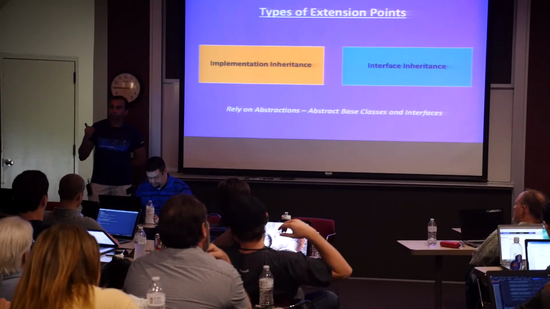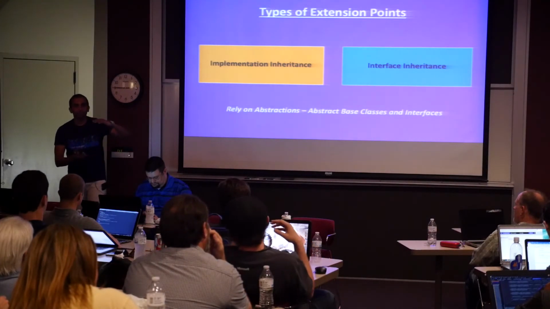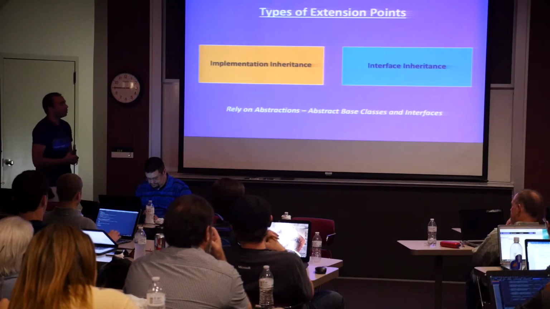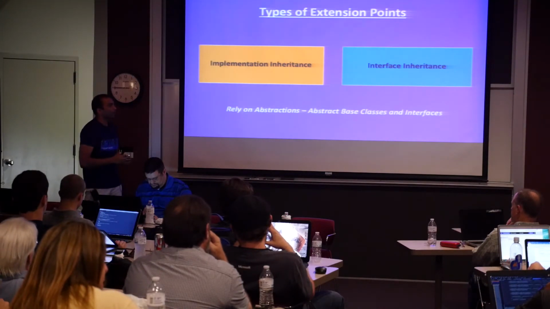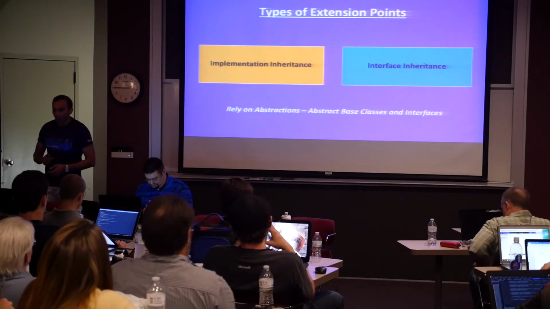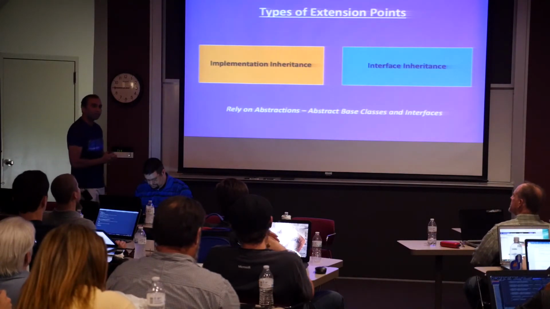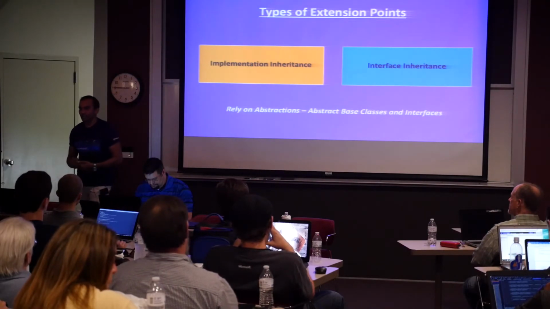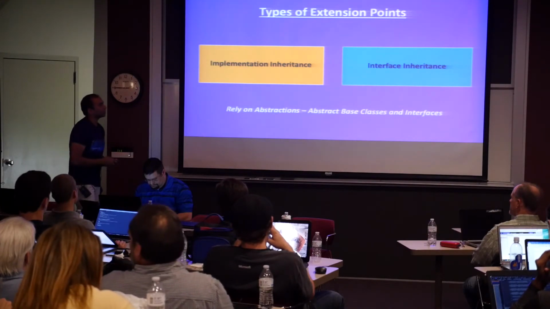If you have a parent-child relationship, by creating a virtual method you can override it in your child classes. So implementation inheritance you can apply by creating virtual methods and abstract methods in your code. Interface inheritance you apply by creating interfaces. There are a few scenarios where creating base classes or abstract classes won't help you out, so you need to have interfaces there.